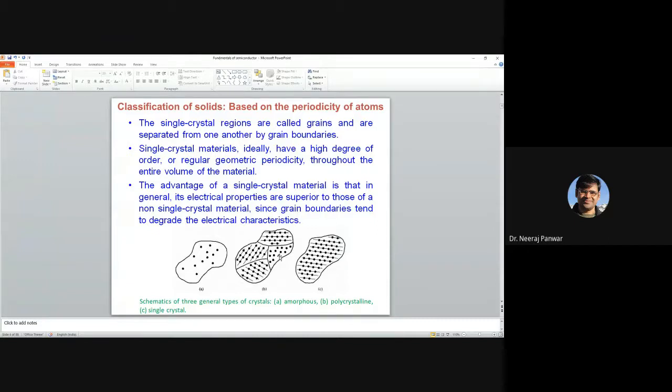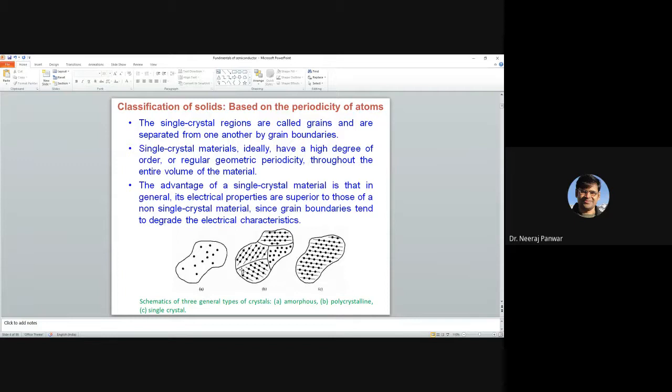This is just to make you understand, but in actual situations there are a large number of such regions in polycrystalline materials. If we consider this lowest region, we see that the atoms are arranged in a particular fashion. If we move a particular distance, we will find another atom. That's the meaning of crystallinity.